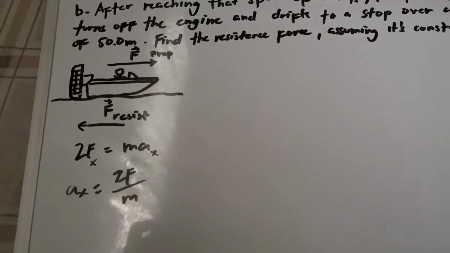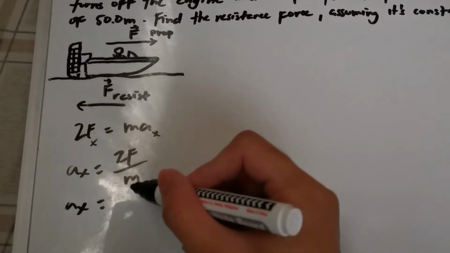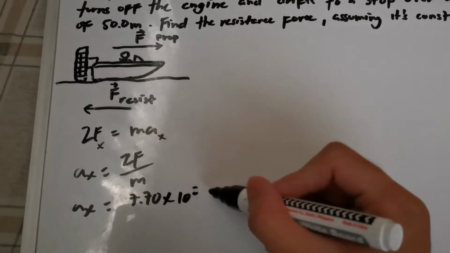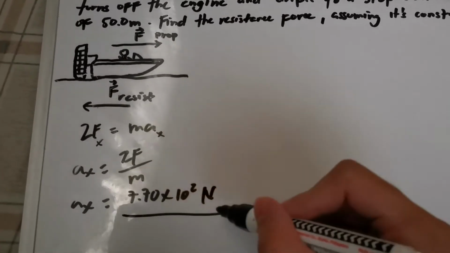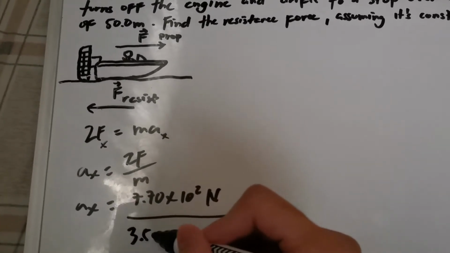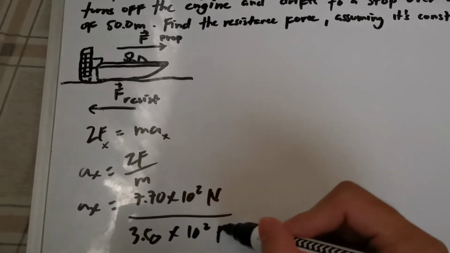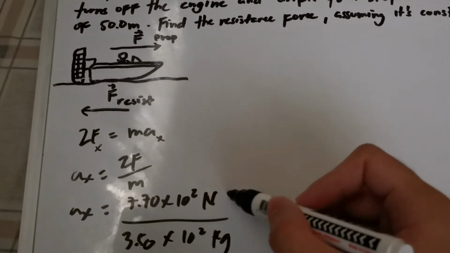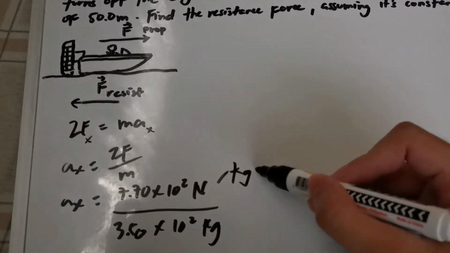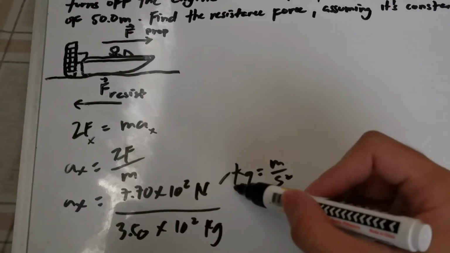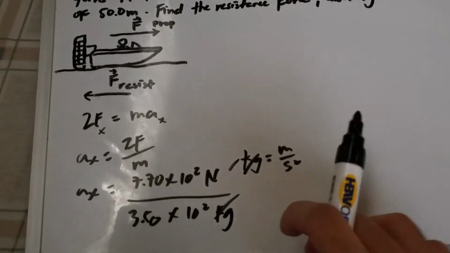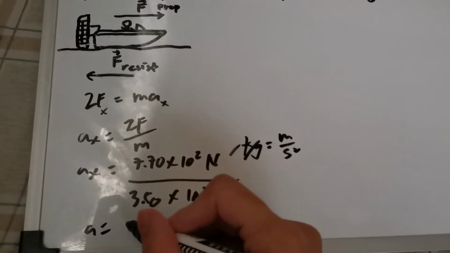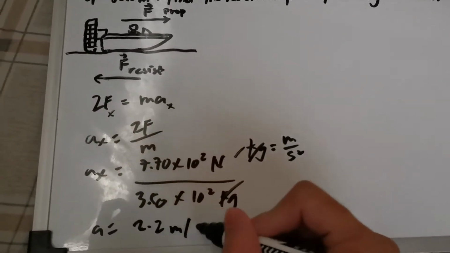Substituting the numerical values, a is equal to our net force, 7.7 times 10 raised to 2 Newtons, over our mass of 3.5 times 10 raised to 2 kilograms. We can cancel units, since a Newton is equal to kilogram meters per second squared. Cancel the kilogram, and solving this part, the answer is acceleration is equal to 2.2 meters per second squared.